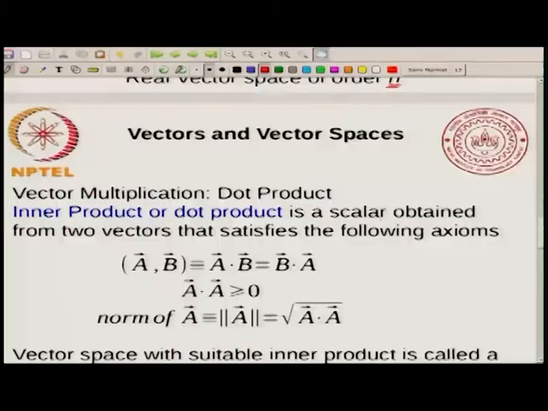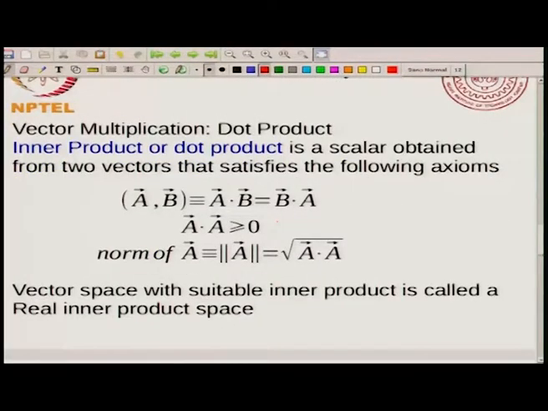Now there are some common things that you have seen already when you deal with vectors. There are certain kinds of products that you have seen, the dot product. Now the dot product is also formally referred to as the inner product. So the inner product is a more general word for dot product.